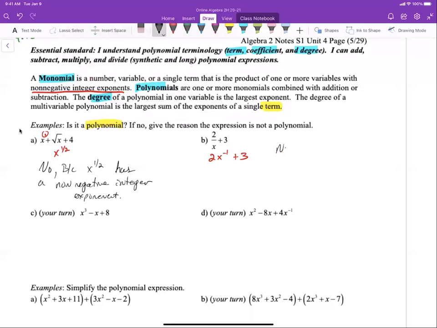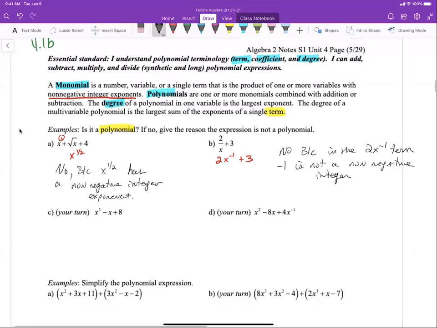So this is no, because in the 2x to the -1 term, the -1 is not a non-negative integer. Because it has to be a non-negative integer, and it is negative, so that is not a polynomial.